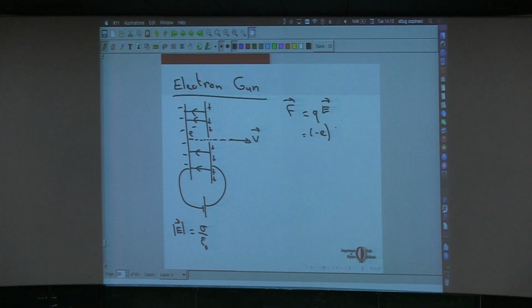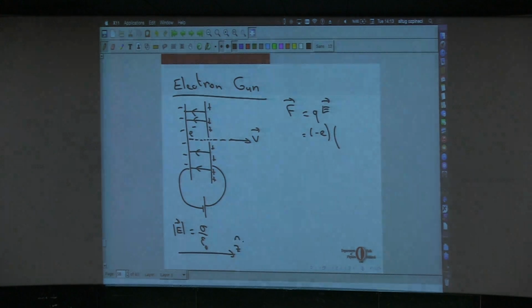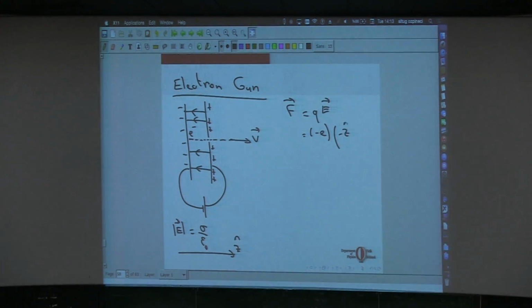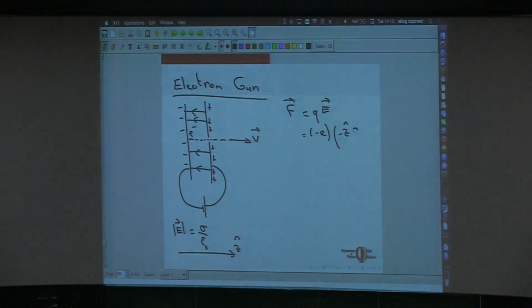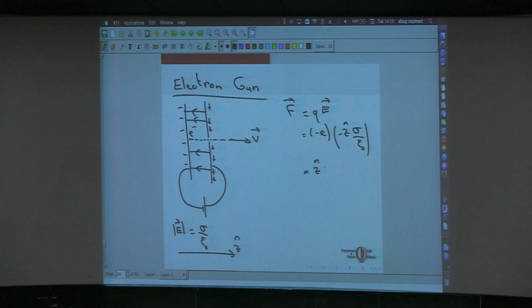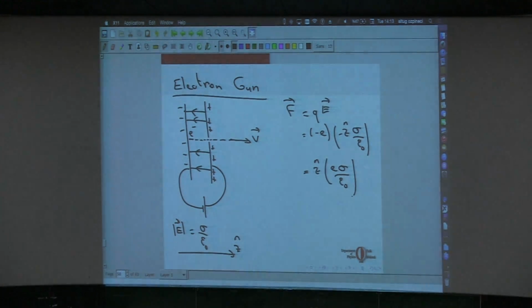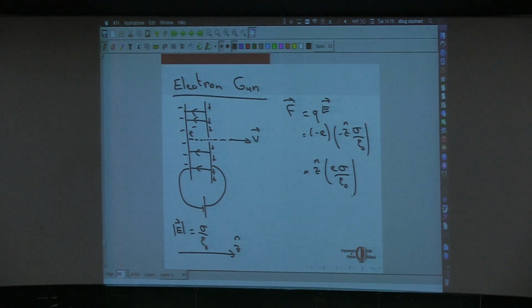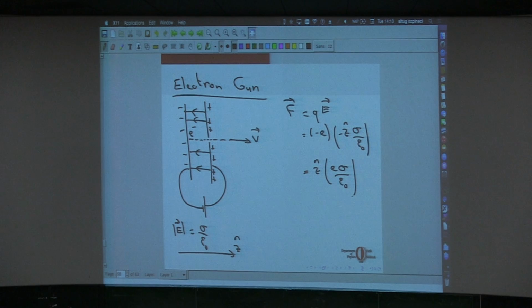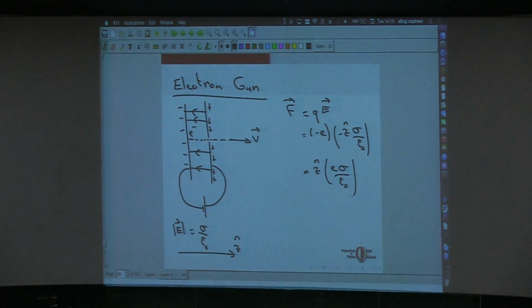Well, the electric field, again, let's just assume this is the Z direction, is in the minus Z direction, sigma over epsilon 0. And this is in the Z direction, e sigma over epsilon 0. So the electron in the system feels a force pointing towards the positive plate. And this is a constant force. So what is the acceleration of our electron?